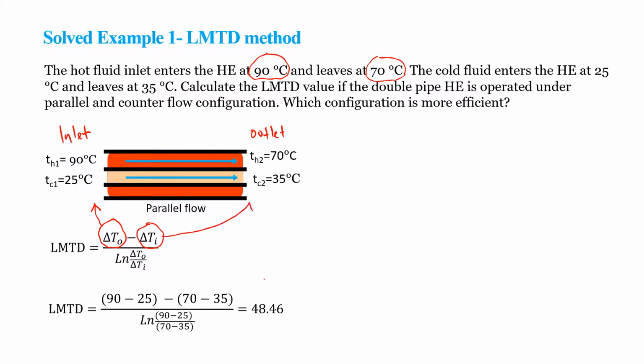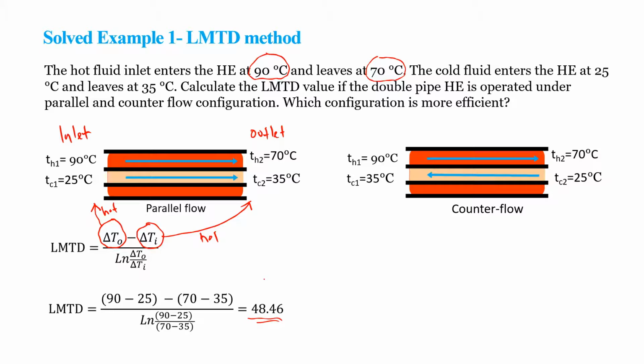So this is hot, and this is hot fluid, that you use as reference. The next step is quite easy. You go into the equation, you key in all of the numbers, and we end up with a logarithmic mean temperature difference equal to 48.46 degrees Celsius.